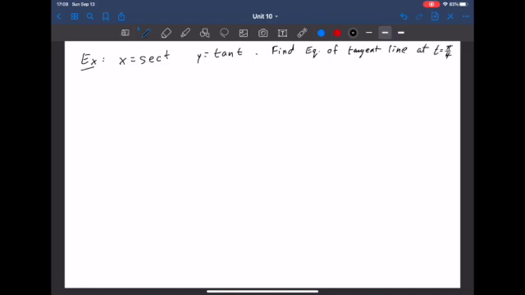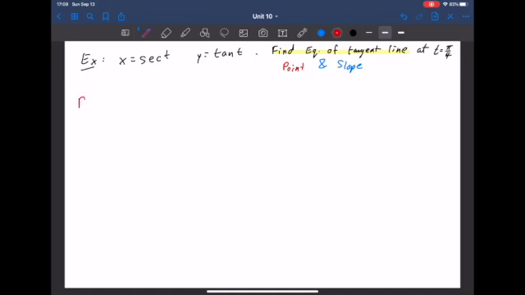And you might remember that could tell us quite a lot. Whenever I see find the equation of a tangent line, I need a point and I need a slope. That's the kind of equation we're going to use.